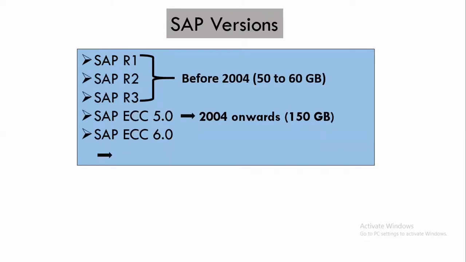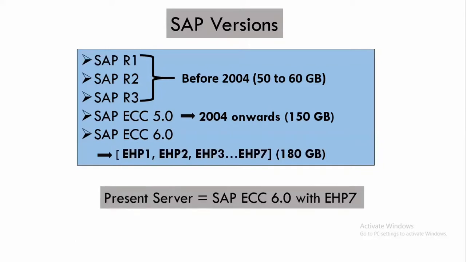Now we are using SAP ECC 6.0 with EHP7. EHP means enhancement package 7. That needs around 180 to 190 GB of storage. This is a brief introduction about the versions that we have in SAP. The present server, as I discussed, is SAP ECC 6.0 with EHP7.